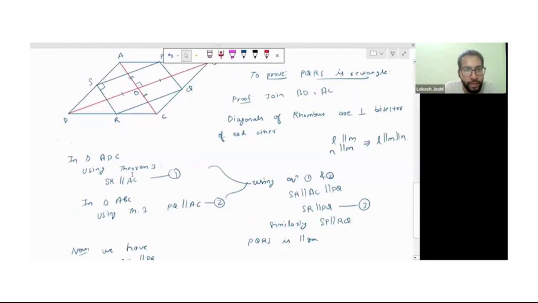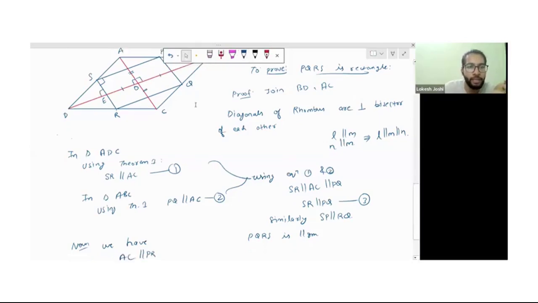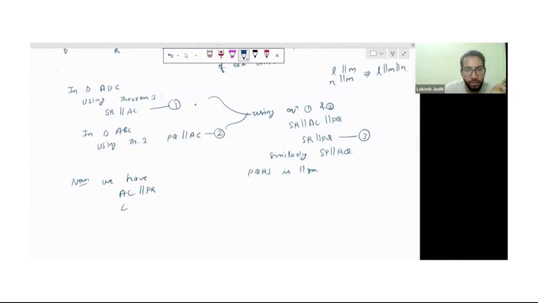So what can I write? Suppose this point is E, then as diagonals are perpendicular to each other, that will also be 90. So angle SAQ is equal to 90 degrees, as corresponding angles are equal in the case of parallel lines.